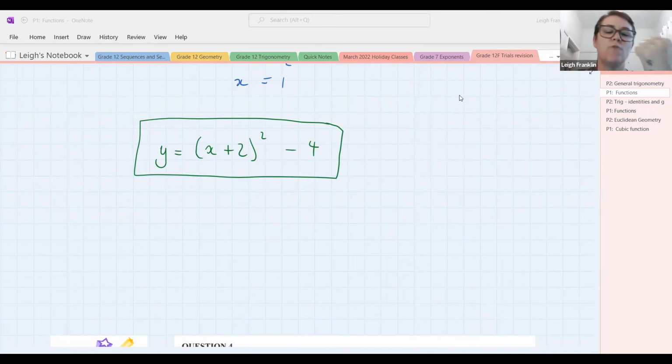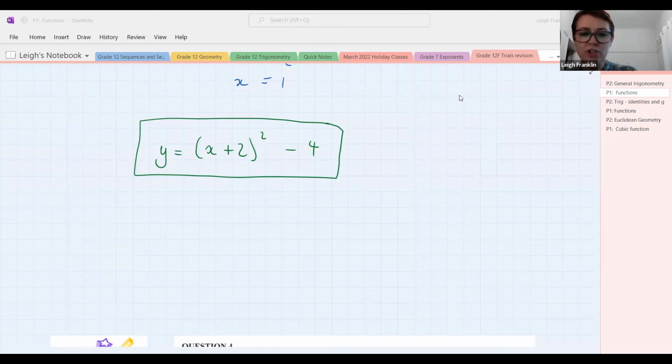Does x plus 2 mean it's shifted to the right or shifted to the left? Good, okay. So most of you are saying to the left, and the left is correct. Yes, Kanisa, left. Okay, quite right.